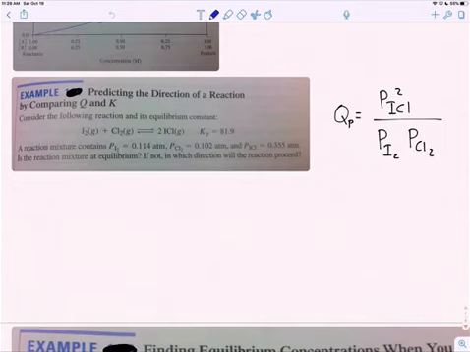Okay. So let's use this to predict the direction of a chemical reaction, and we can start here. We have iodine plus chlorine in equilibrium with 2 ICl, and the Kp is 81.9.